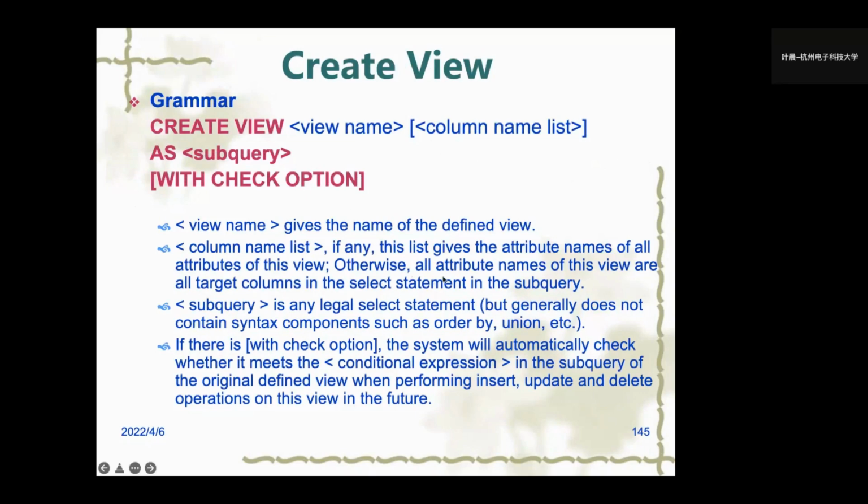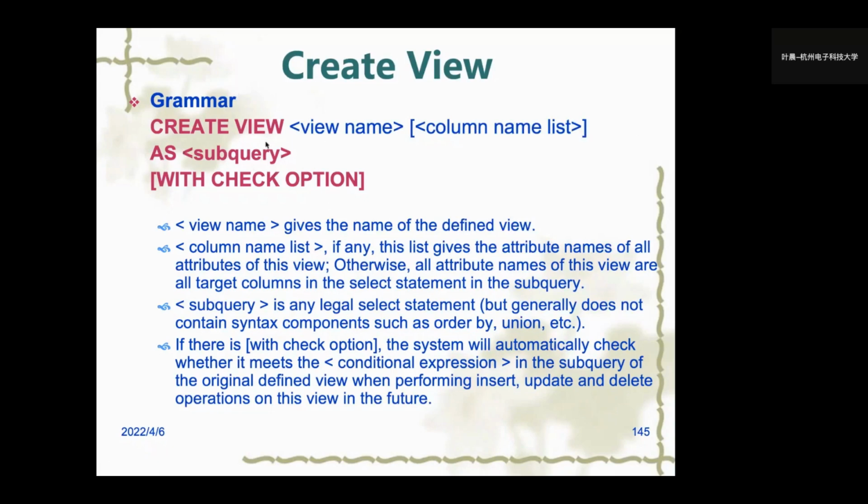Otherwise, the attribute names of this view are all the target columns in the select statement in the subquery. And as for the subquery, this query can be any legal select statement, but we generally do not include components such as order by or union in the subquery if you want to use it in the created view.